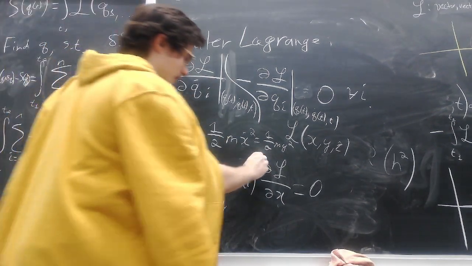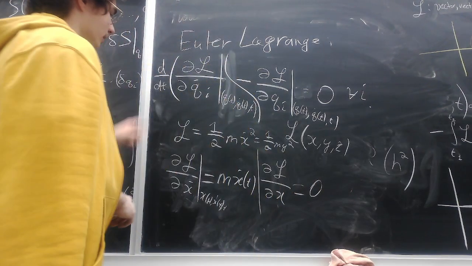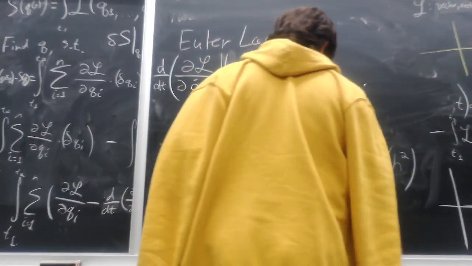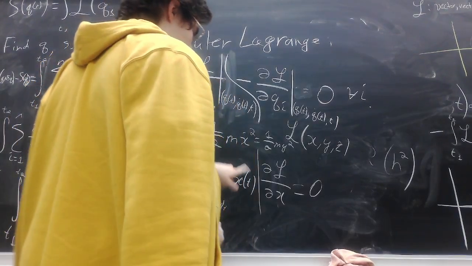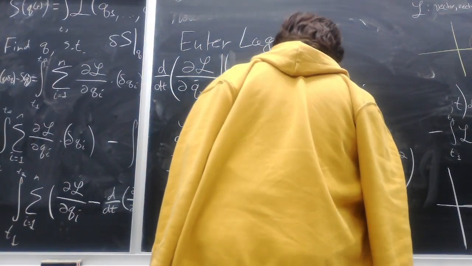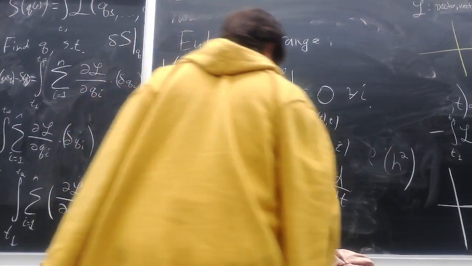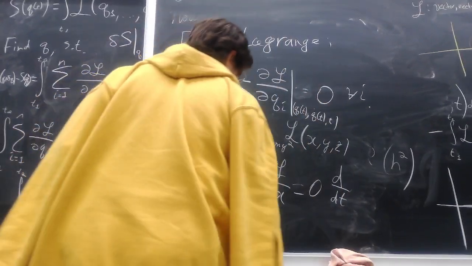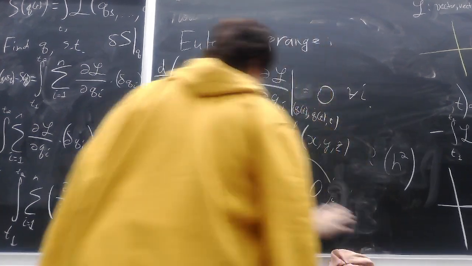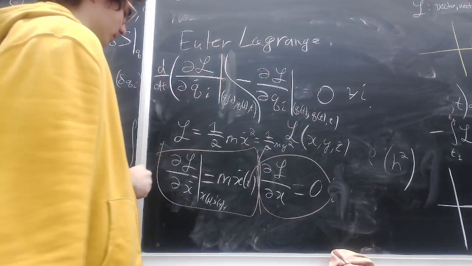So what is this saying? I take the derivative of this with respect to time, d dt of m x dot. Now I just plug all of this into this equation.